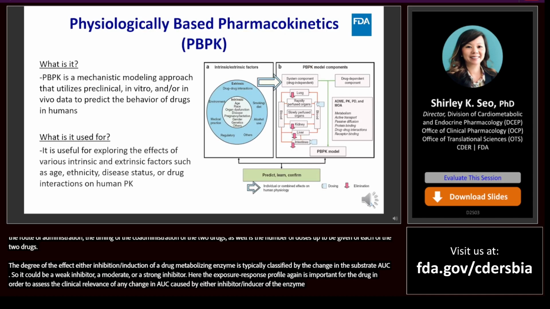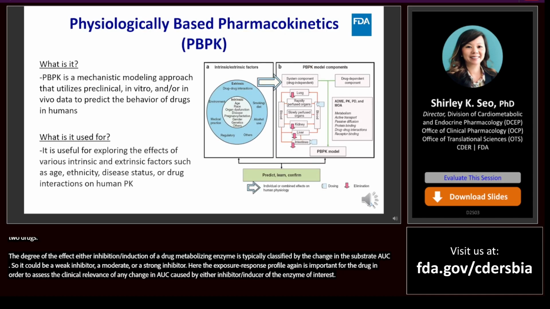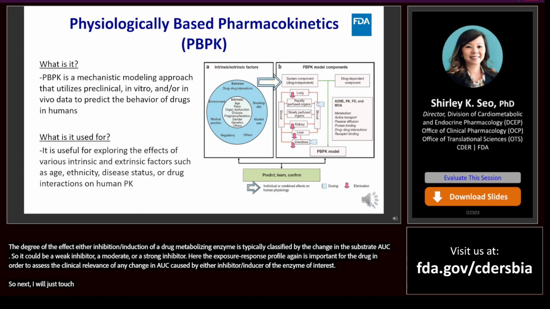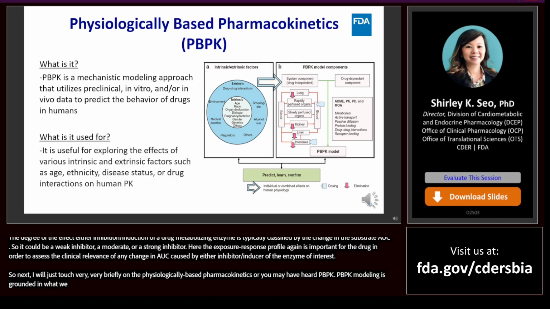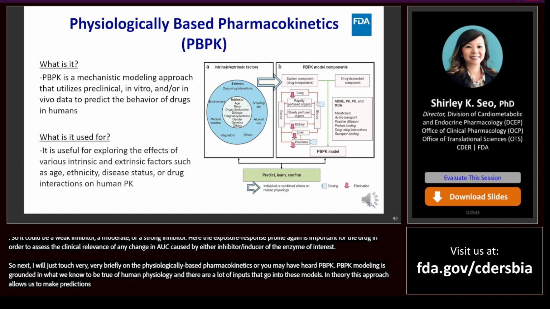So next, I'll just touch very briefly on physiologically-based pharmacokinetics, or you may have heard PBPK. PBPK modeling is grounded in what we know to be true of human physiology, and there are a lot of inputs that go into these models. This approach allows us to make predictions based on our knowledge from previous trials and previous in vitro investigations, and also sometimes preclinical studies.